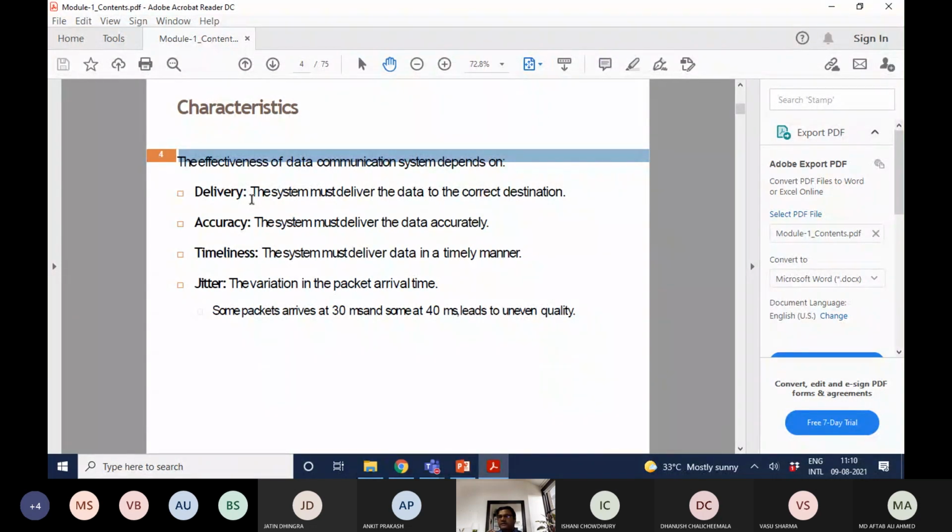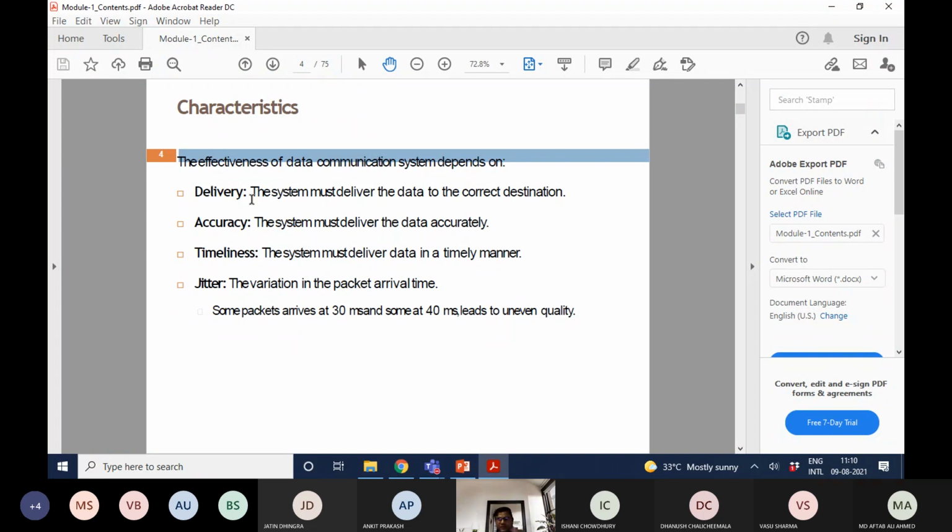Then the next one is jitter. This is also a very important term in data communication. Jitter is the variation in the packet arrival time, or the variation in delay. Whenever we are sending more than one packet, all the packets will not have the same delay. There will be a little variation in the delay time, so the arrival time will also be different.